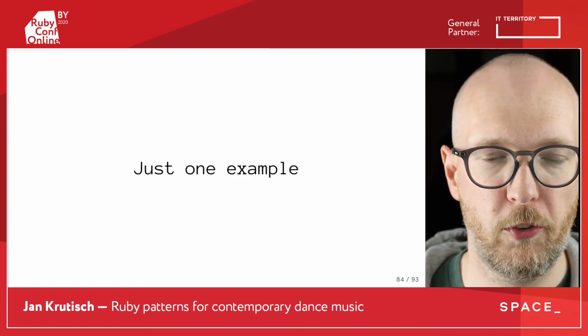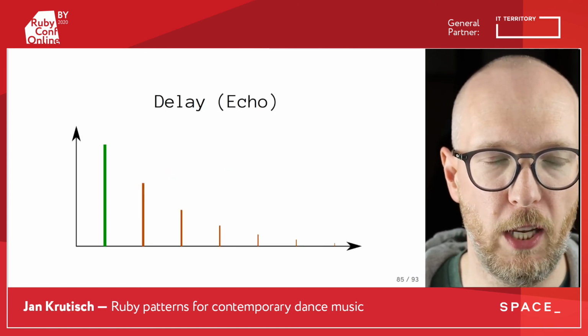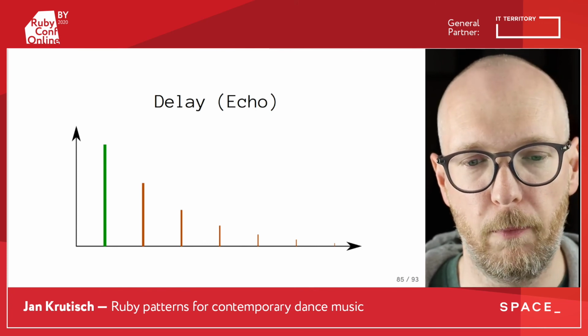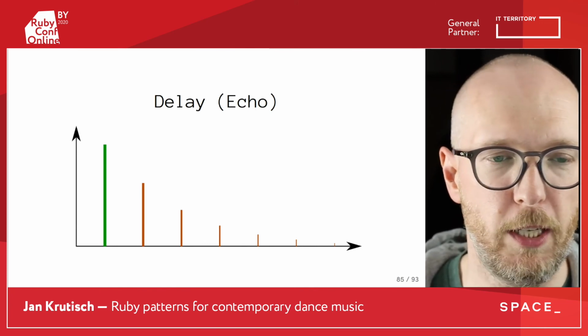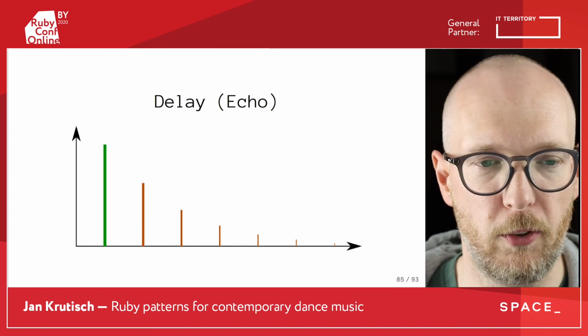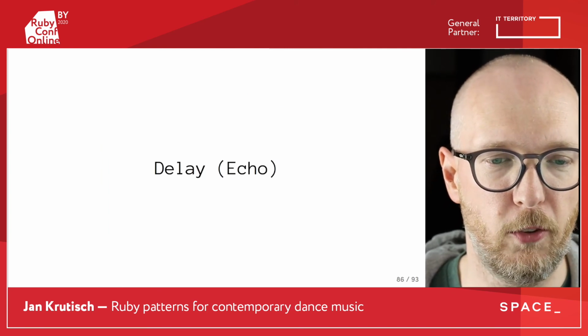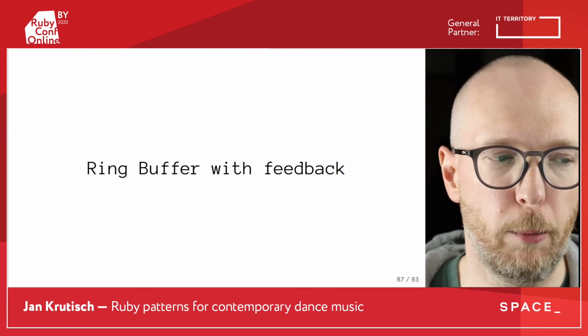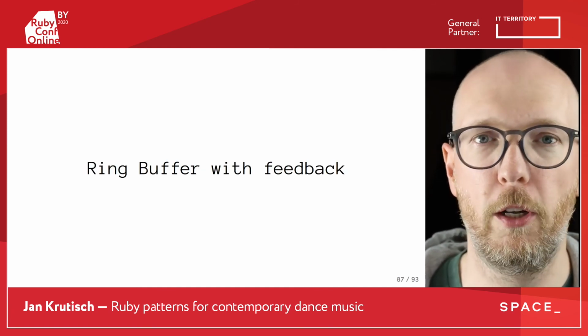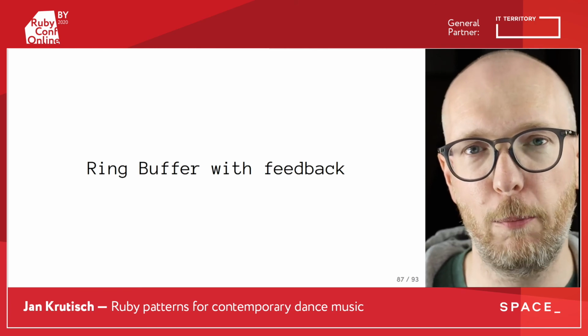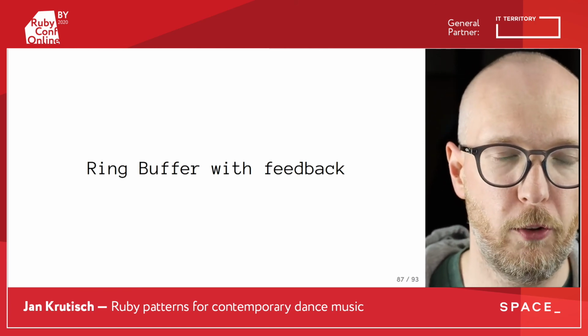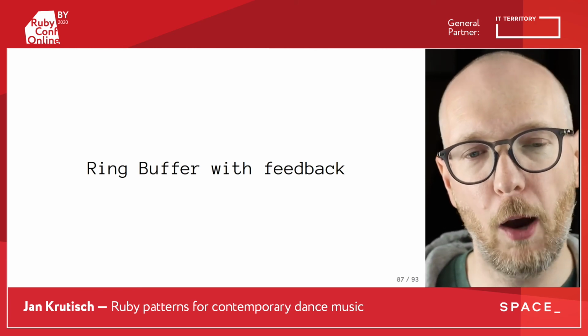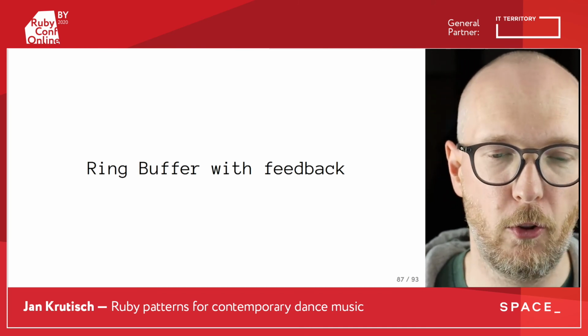Just one example of such an effect would be a delay or an echo, and a delay is really just what it means. It's just delaying the signal. In code, that would be a ring buffer. And if we want to turn a delay into an echo, we just add feedback, which means that you put some of the signal that comes out of the ring buffer back into the beginning.